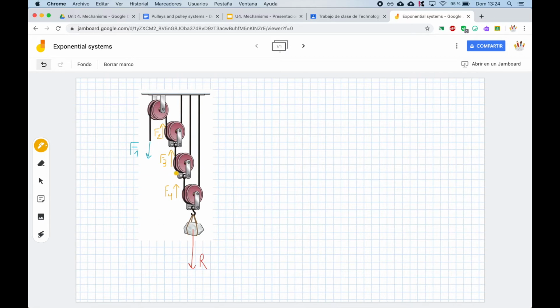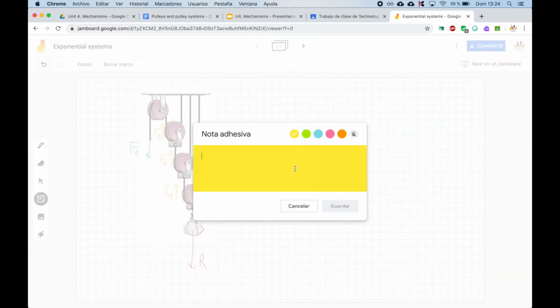Okay, so let's see what happens here. Let's start with this one. Okay, so this is a movable pulley. Imagine that this doesn't exist.